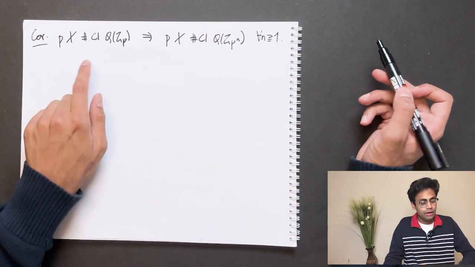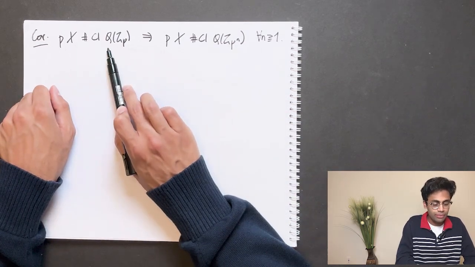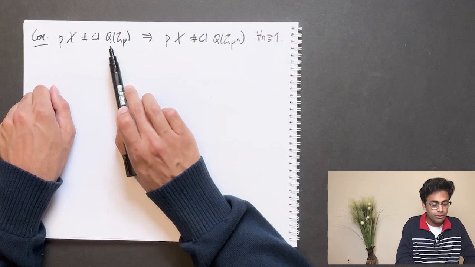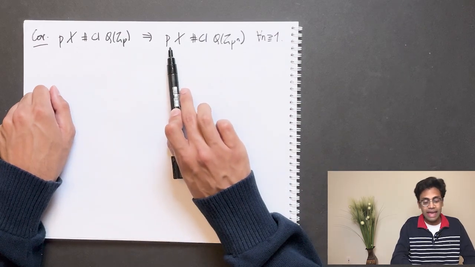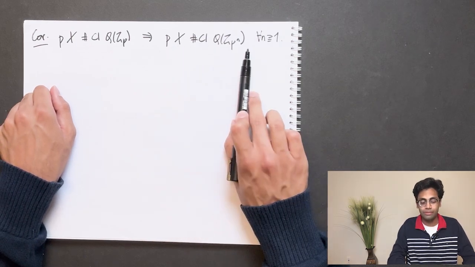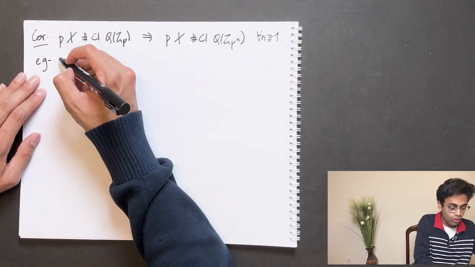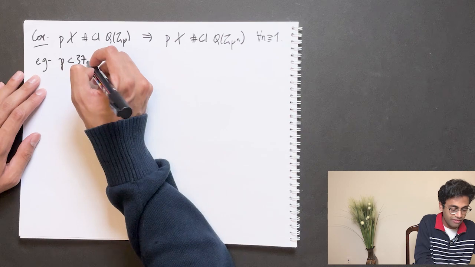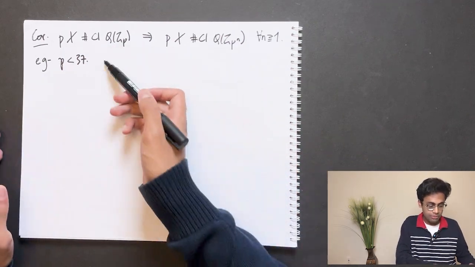The proof is that if this holds, that means in the previous theorem mu, lambda, and nu are all equal to 0, in which case e_n is equal to 0 for all n, which precisely means this. As an example, this hypothesis holds if p is any prime less than 37, because you can just calculate these class numbers, and this is true.